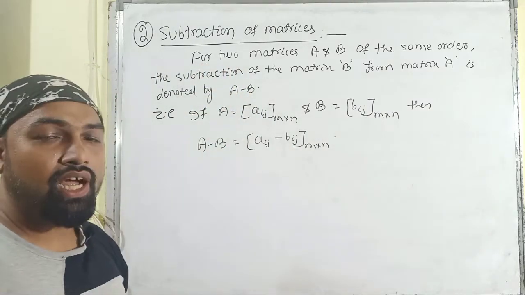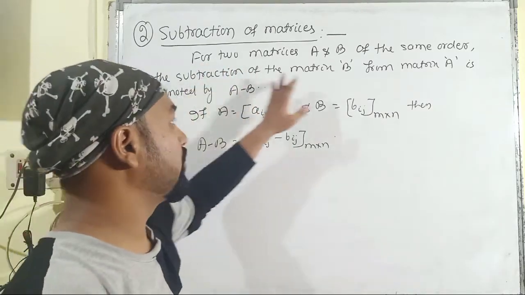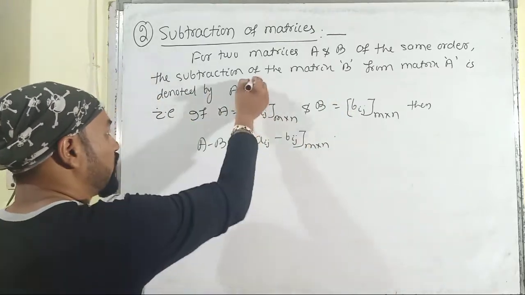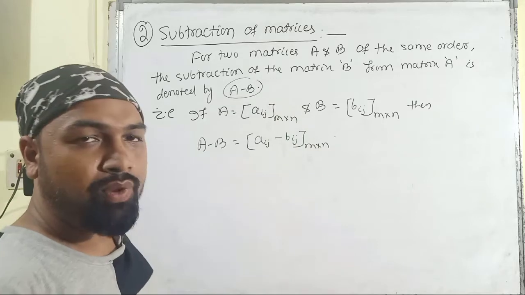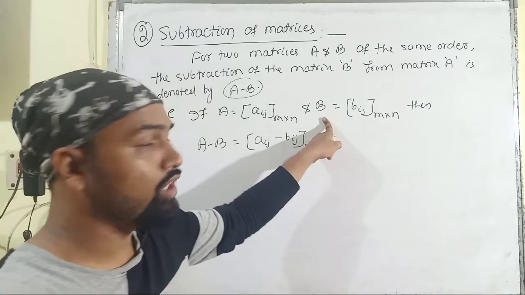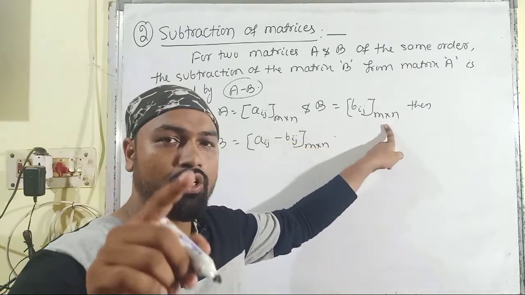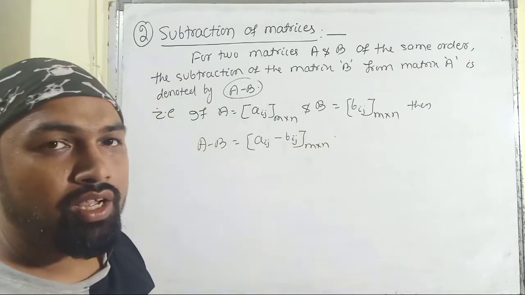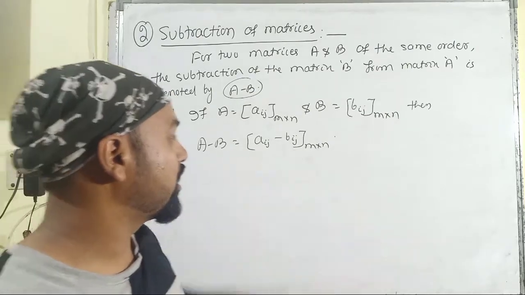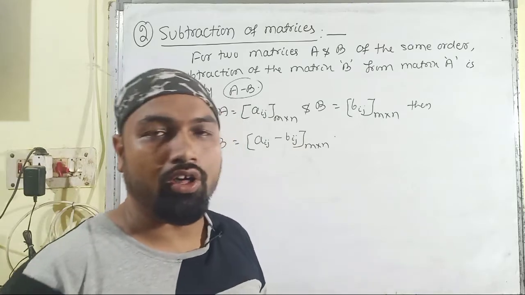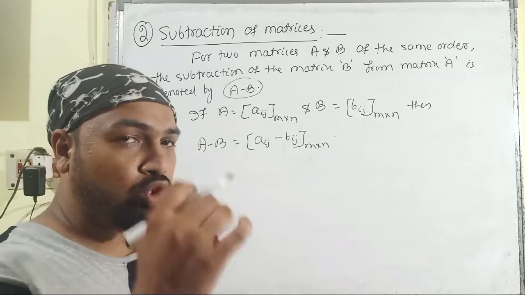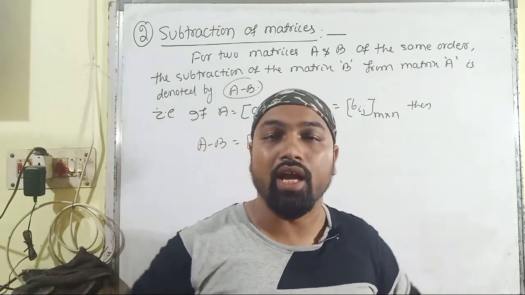For two matrices A and B of the same order, the subtraction of the matrix B from the matrix A is denoted by A minus B. That is, if A is a matrix represented in compact form Aij of order m cross n, and B is a matrix represented in compact form Bij of order m cross n, then their resultant subtraction A minus B is represented by Aij minus Bij of the same order m cross n. And here we have to subtract the corresponding elements of both matrices A and B.